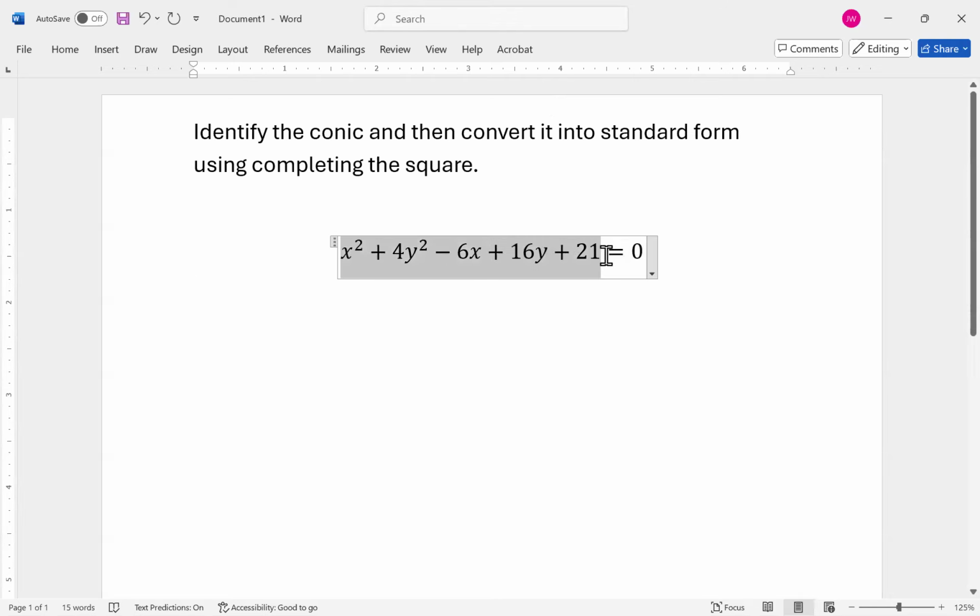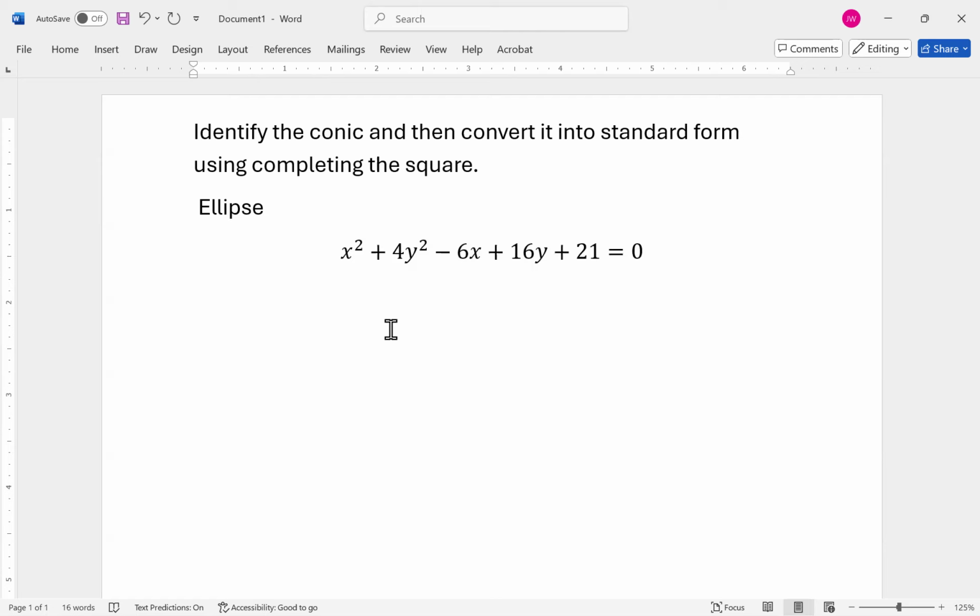In this example, first off, we should note that, identifying the conic, I know this is going to be an ellipse because the x squared and y squared terms on the same side have coefficients of 1 and 4. I think this was one of the ones we did. Now, what I would do is I would probably complete the square on the x component first, and then rewrite it, and then complete the square on the y component second.